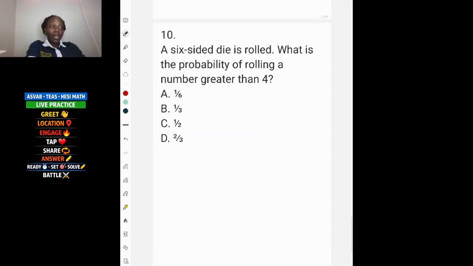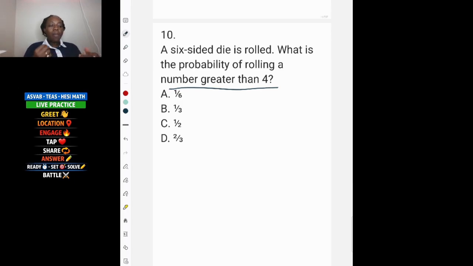Six-sided die, we all know a die, right? What is the probability of rolling a number greater than 4? I want us to list the outcomes of a die.